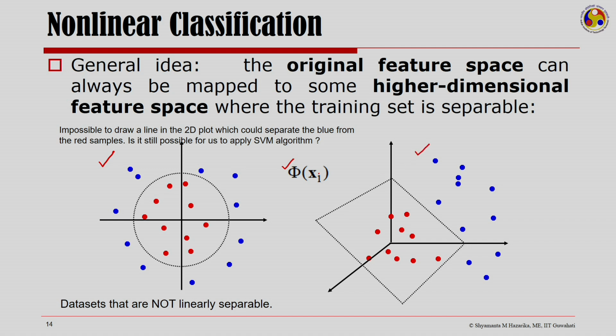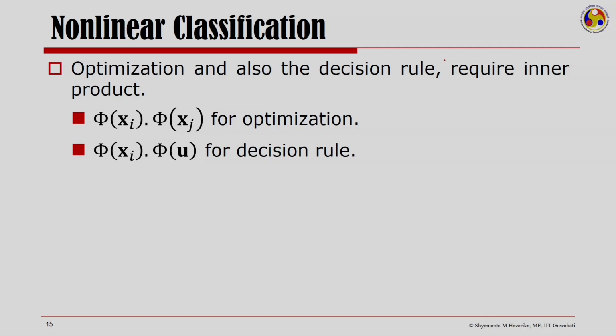Now, one thing that we need to take note of at this point is that when we were talking of the linear support vector machine, the optimization as also the decision rule required only the inner product. If you remember, all it required was the inner product of the samples for the optimization, and it required the inner product of a sample and the unknown in the decision rule.